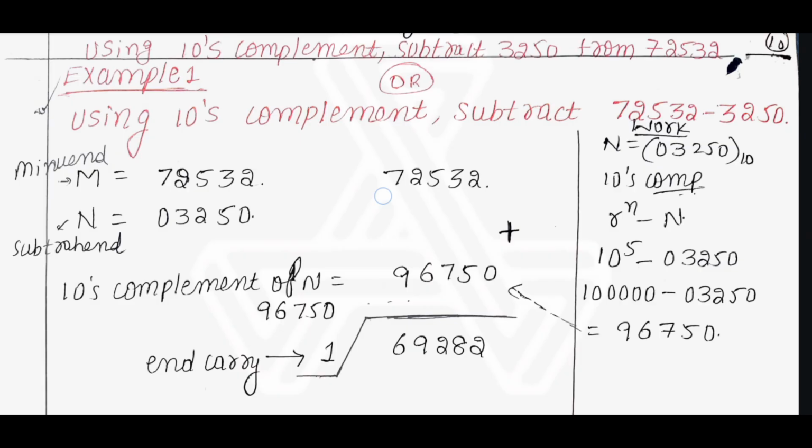The tens complement of n is equal to 10 power 5 minus n, which gives 96750.